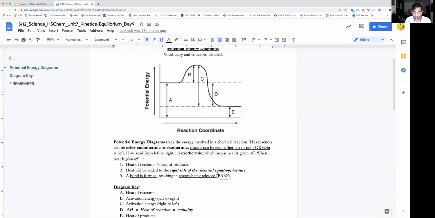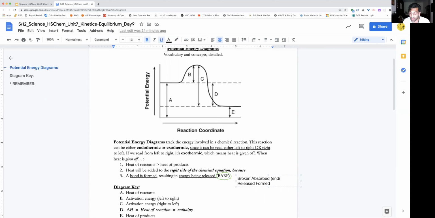BARF stands for, and I've hinted at it in number 3 here, broken, absorbed, released, formed. In the first instance, if a bond is broken, energy is absorbed.